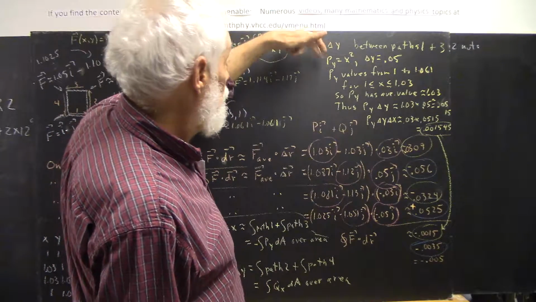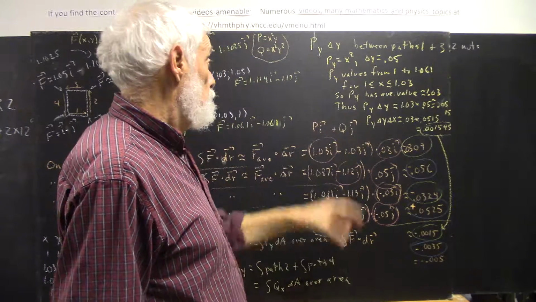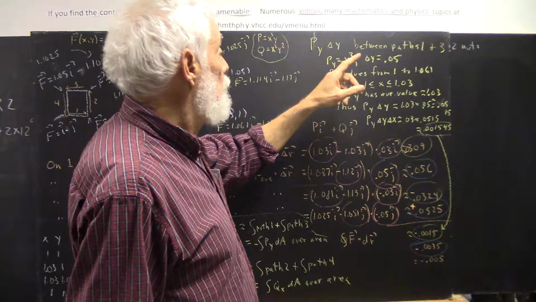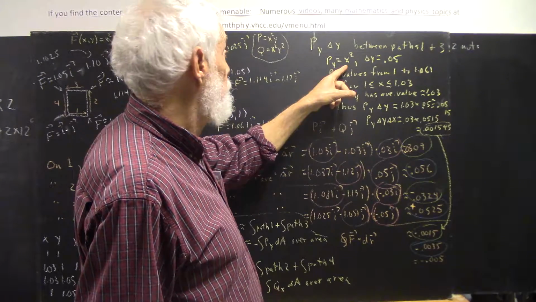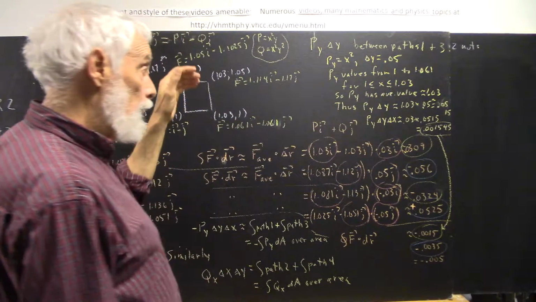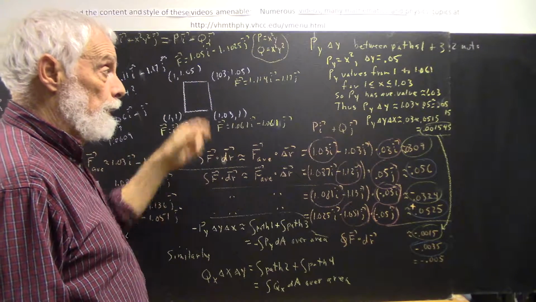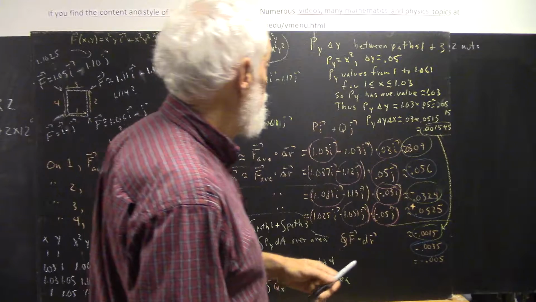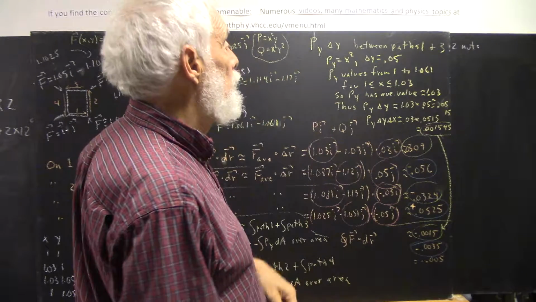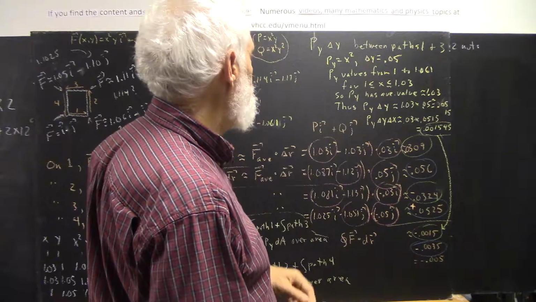Okay, well, we can calculate P sub y. It's just x squared. That's very straightforward. So if we multiply x squared on this interval by the delta y of 0.05, we should figure out how much the function changes from here to here. And we see that, well, the P sub y values, and we want to use an average value of P sub y.